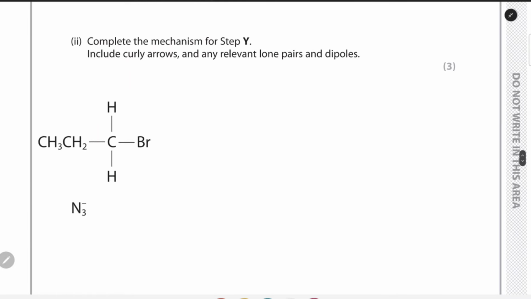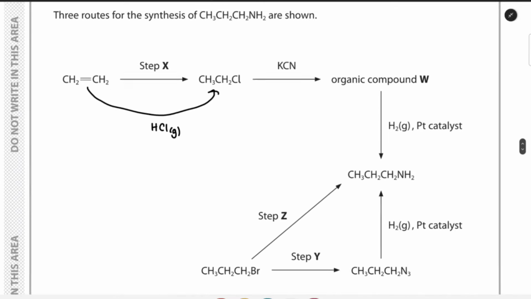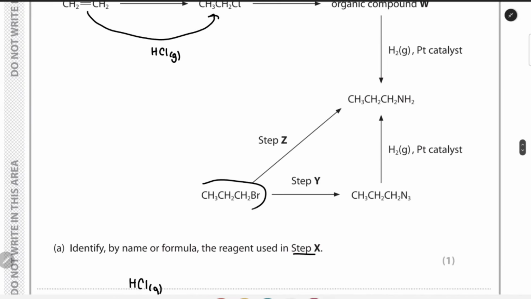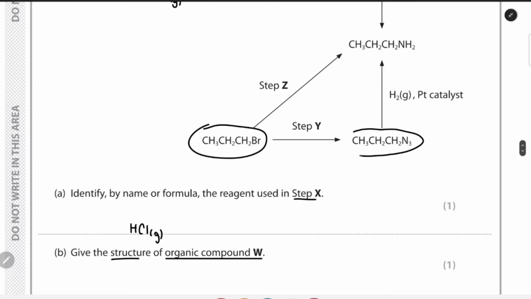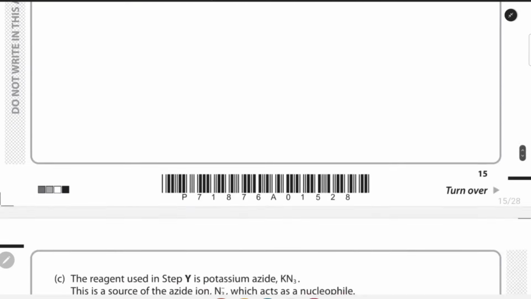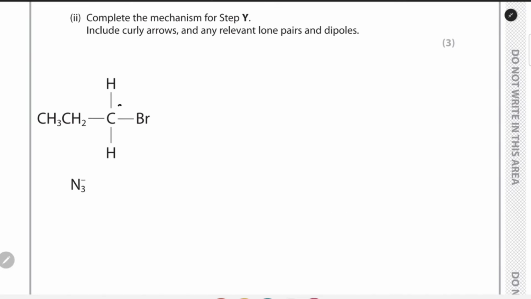Now in part C2 we have to complete the mechanism for step Y. Step Y is when we go from CH3CH2CH2Br to CH3CH2CH2N3. So instead of bromine we are having N3 over here. Over here the carbon is electropositive, the bromine is electronegative. So this bond might break heterolytically.